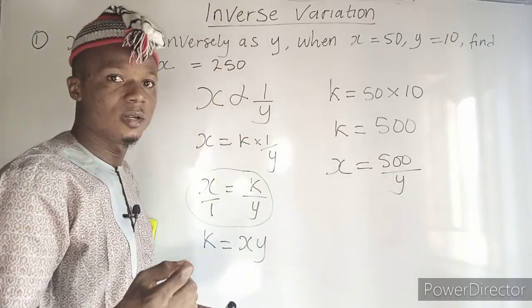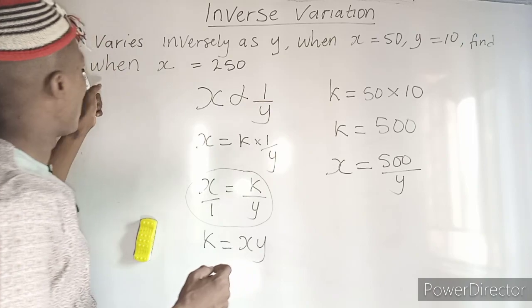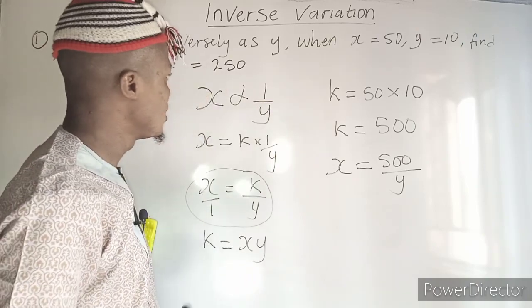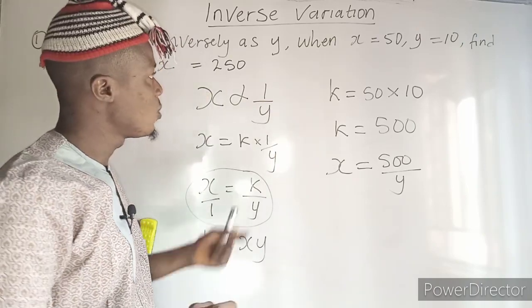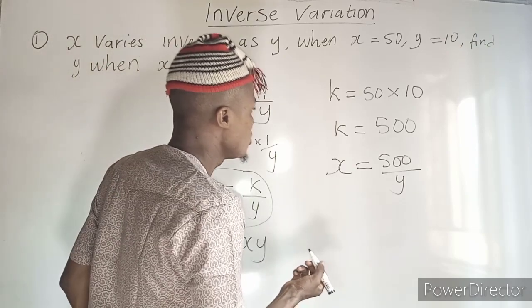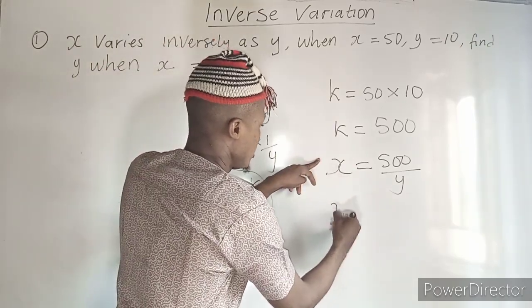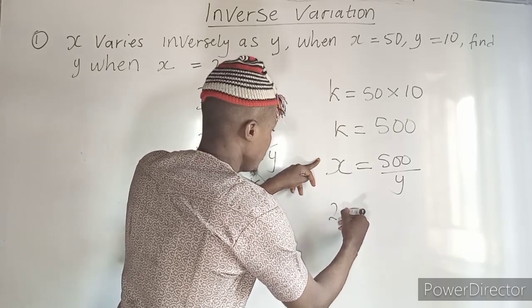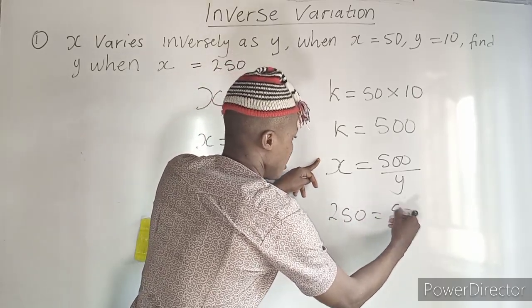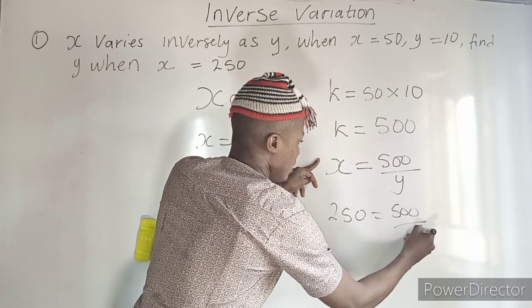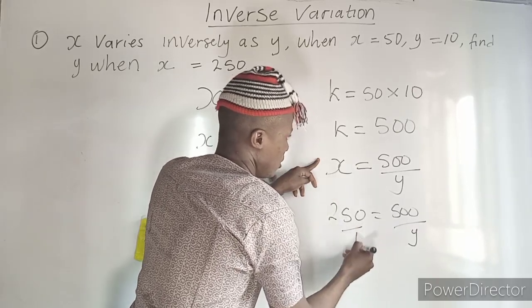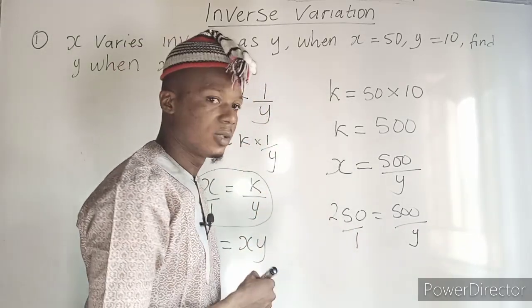Now to answer their question, the question says find y when x is 250. We now want to find the value of y when x is 250. So plug in 250 for x. Seeing x here, I will now plug in 250 equals 500 all over y. You can call this over 1. Cross multiply.